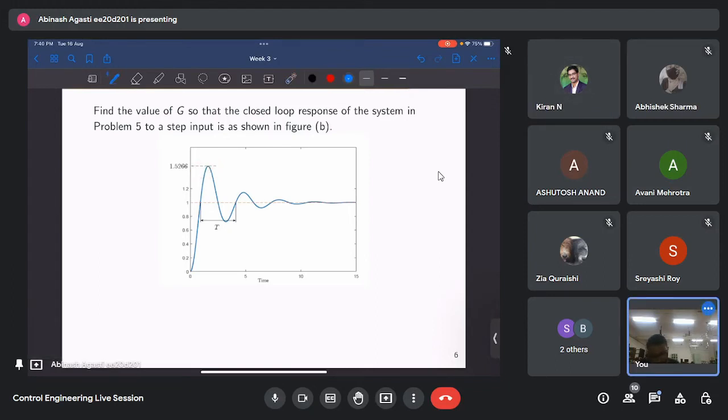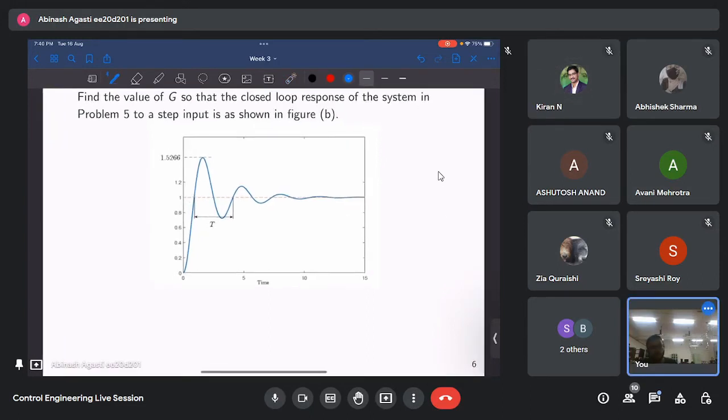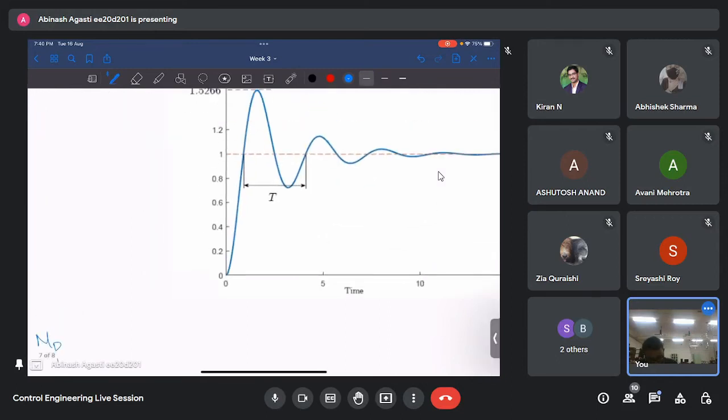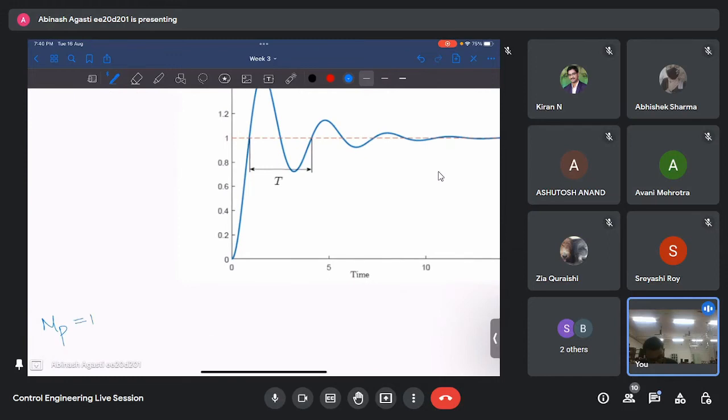Correct. So what we can do is, we are given the peak overshoot, that is 1.5266. Can someone tell me the formula for peak overshoot? Yes, sir. e to the power minus pi zeta by under root 1 minus zeta square.